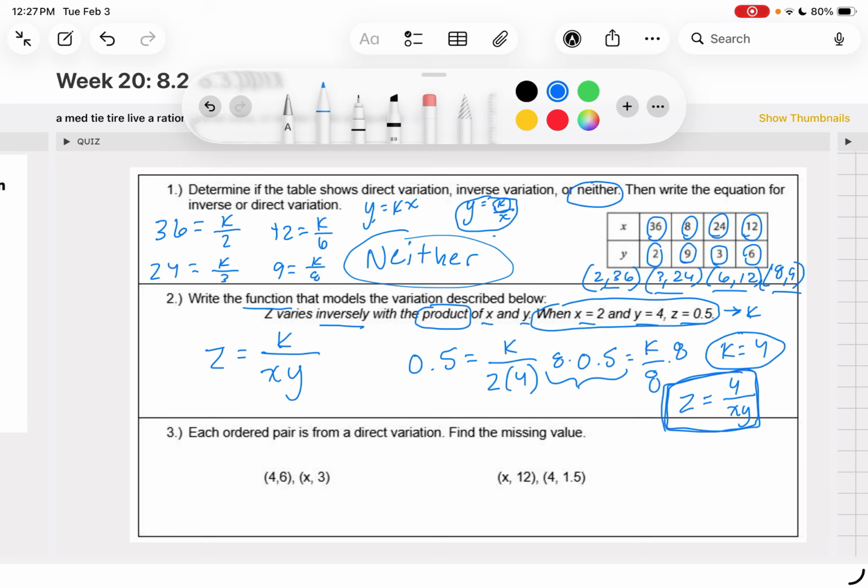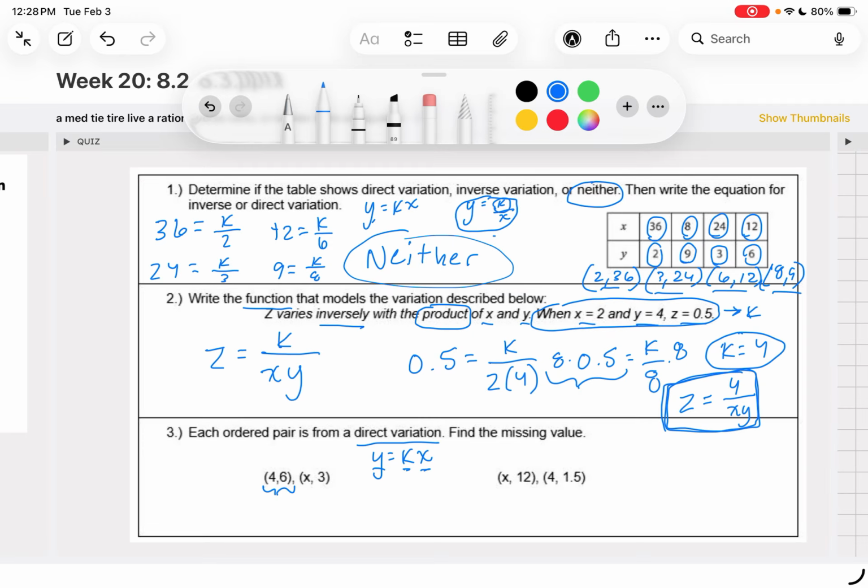All right, and then this last problem says each ordered pair is from a direct variation. Find the missing value. From a direct variation, that means I can express that relationship as y equal to the product of some constant k with x. So let's use that first set of ordered points since we know both.